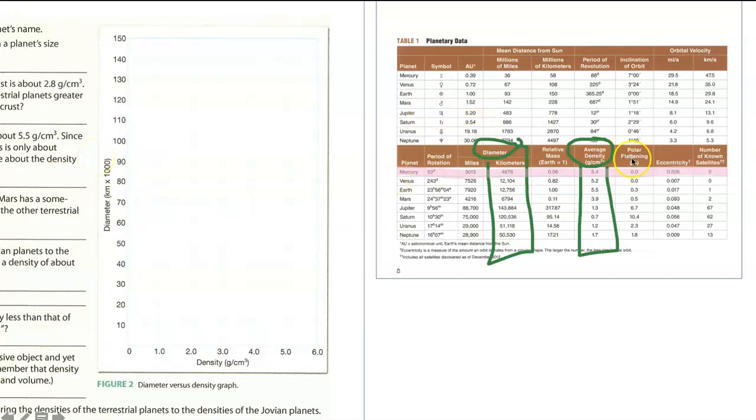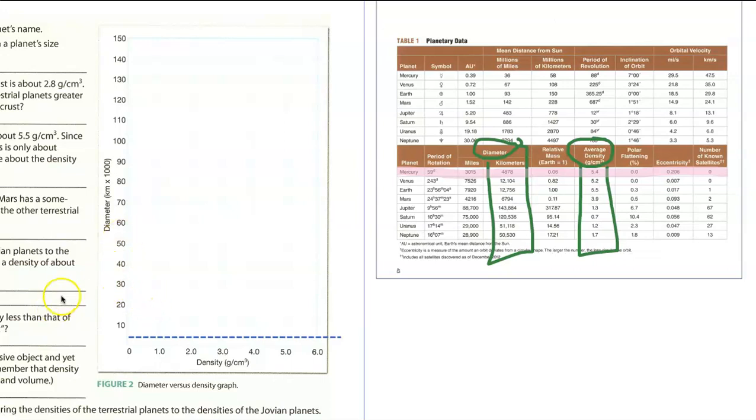So let's do Mercury. Mercury's diameter is 4,878 kilometers. That would plot somewhere along this line on the graph. Now you might be thinking, what, 4,000? Well, these are all listed in units that are supposed to be multiplied by 1,000.